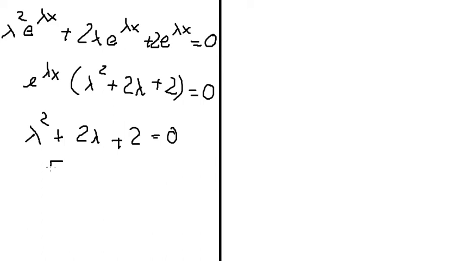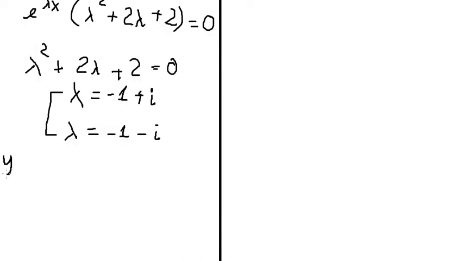So we have two solutions in here. That is lambda equals negative 1 plus i, which is a complex number, and lambda equals negative 1 minus i.